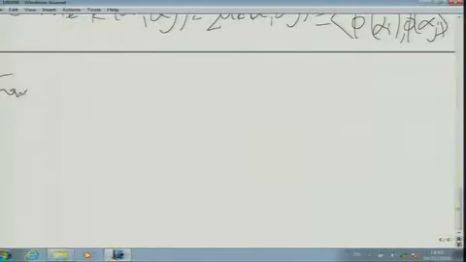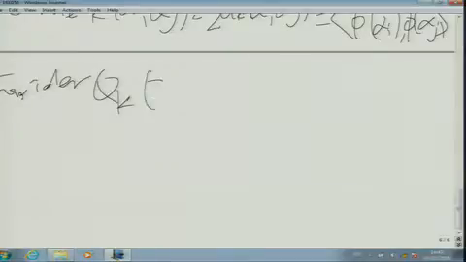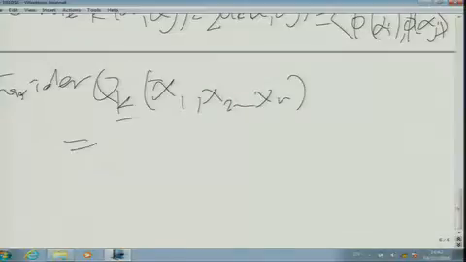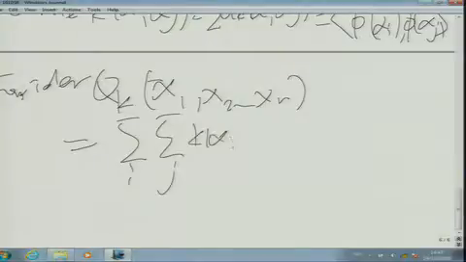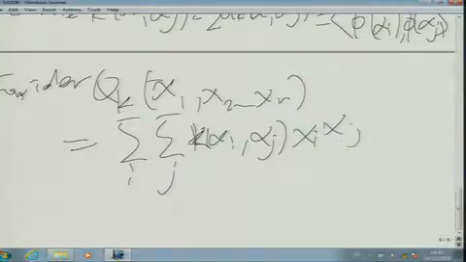And we consider the quadratic form Q_K(x_1, x_2 to x_n), which is equal to the summation of K(alpha_i alpha_j) x_i x_j.